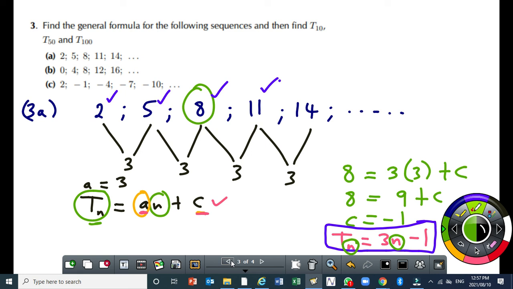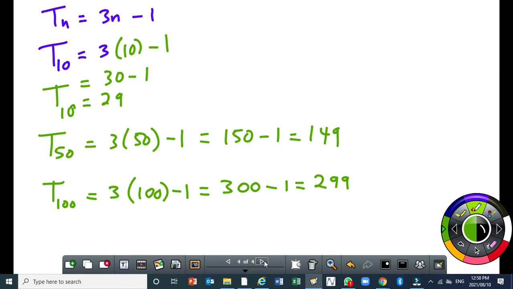Like for example, we can be asked to determine the position of a term with a value of 95.